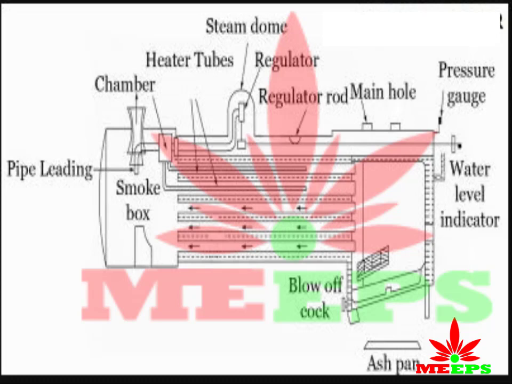As the name suggests, it is a locomotive boiler, so it is movable, and we do not need to fit a chimney in it. The flow of air over the stack removes the flue gases due to the pressure difference between the grate and the outside.